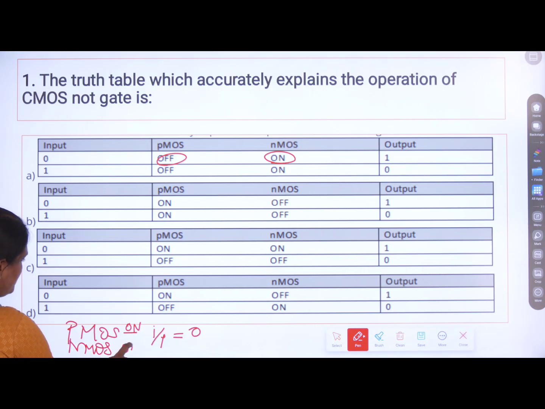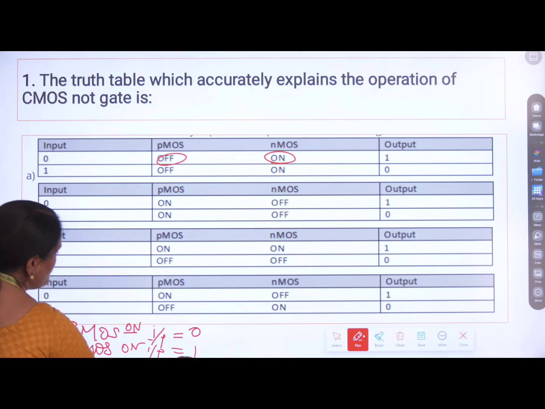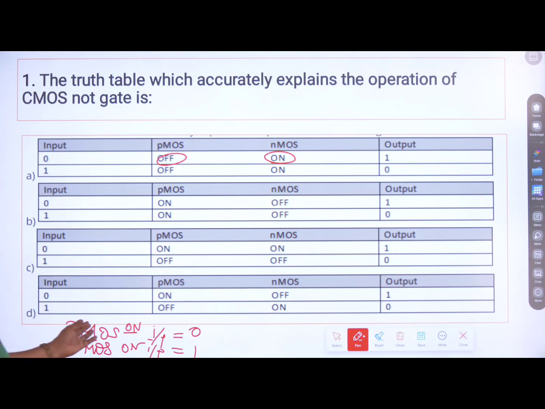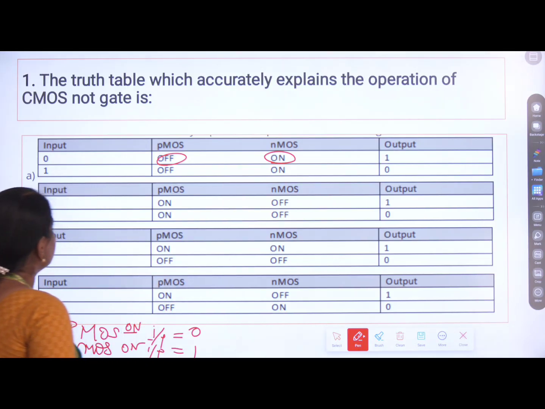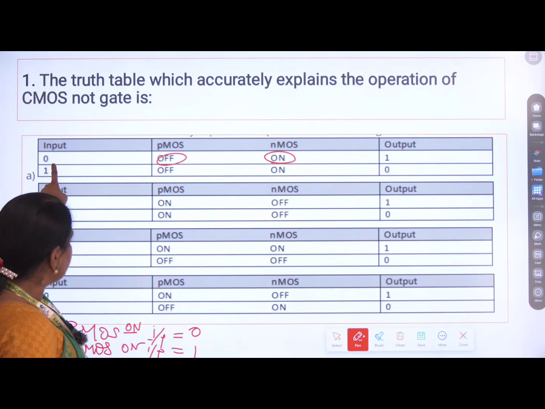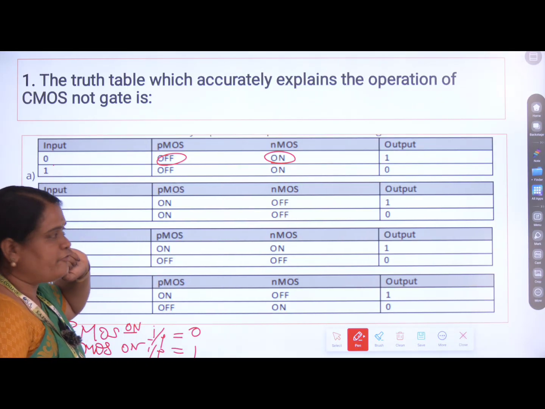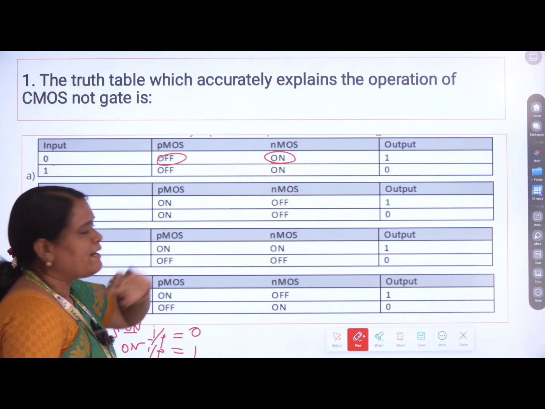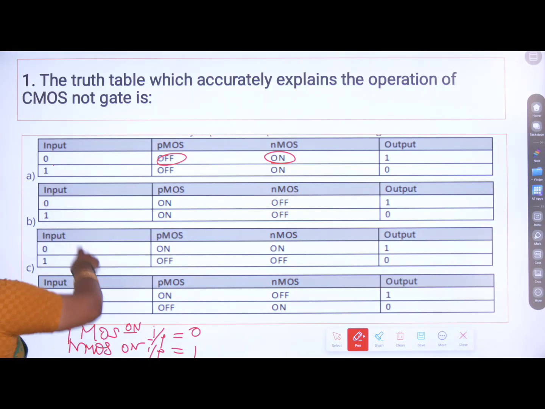NMOS will turn on when input is 1. So, wrong one. Yes, now the concept is exactly the contrast. For input 0, PMOS is off, and for input 0, NMOS is on. So, the first option is not in our constraint. We'll move on to the second option.